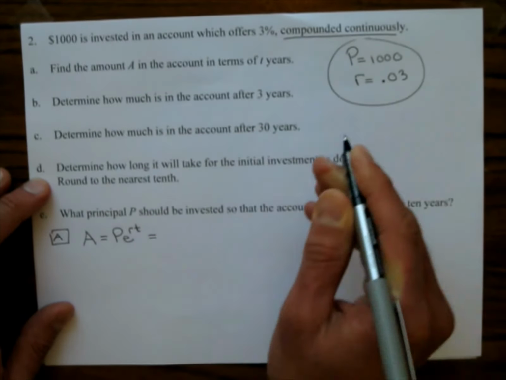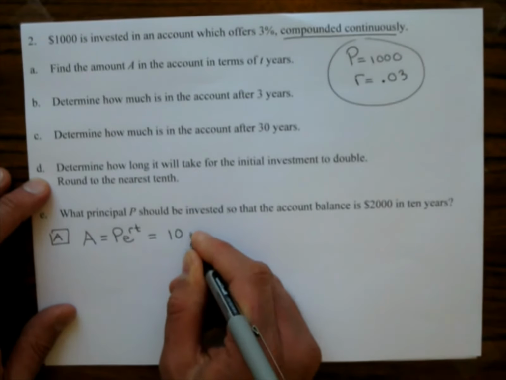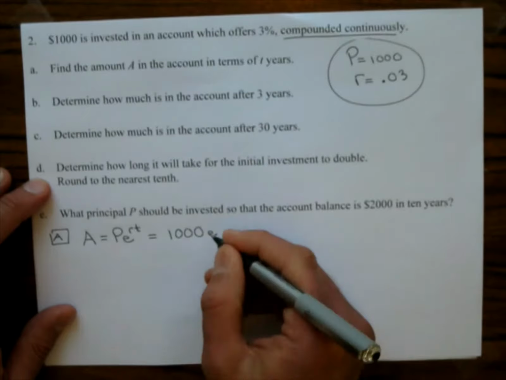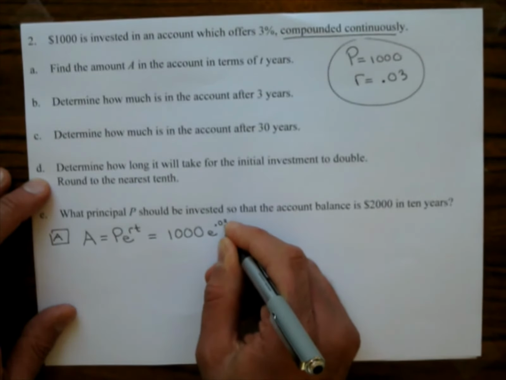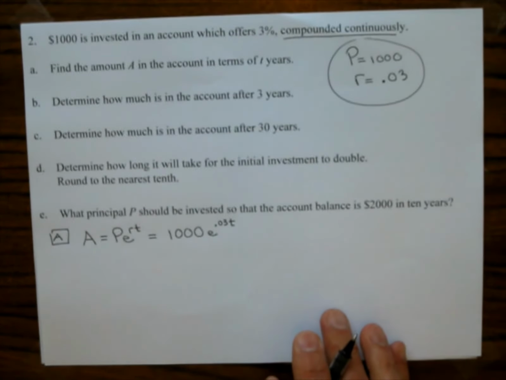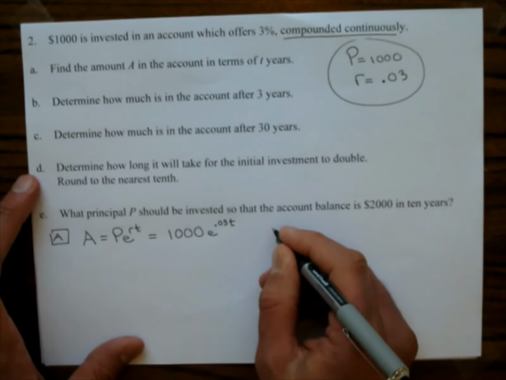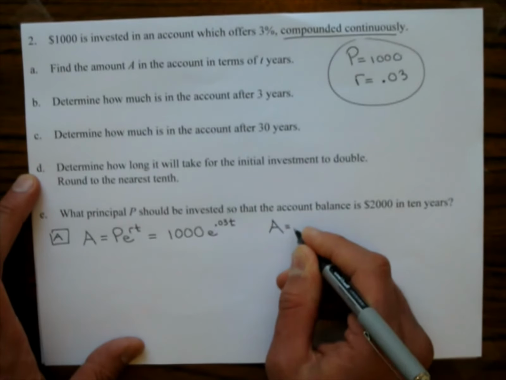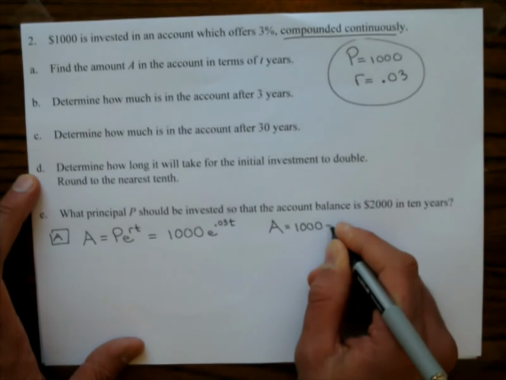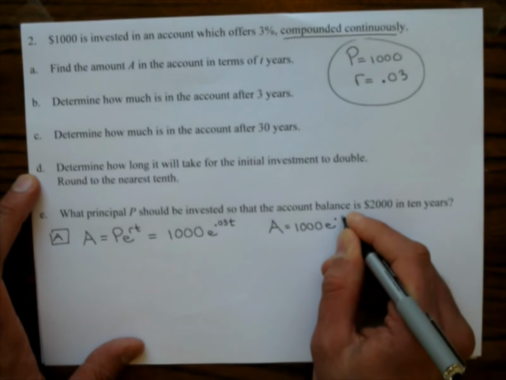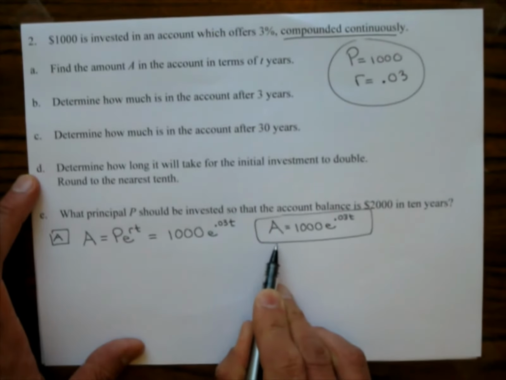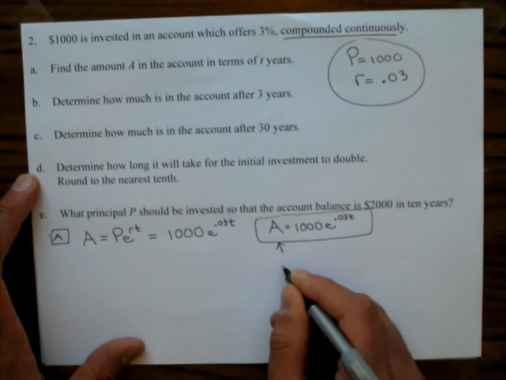And so the principal is 1,000, e, and then r is 0.03, and then here's t. So maybe writing it a little nicer, I can say the amount equals 1,000 e to the 0.03t. And I can write that as A of t if I'd like. You know, so I'll kind of point that out there.